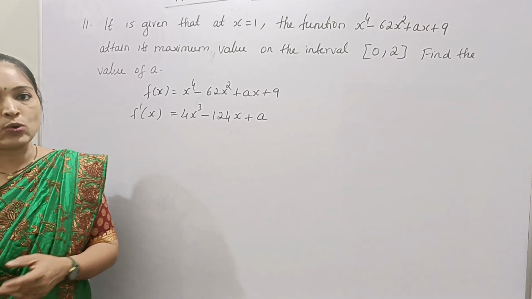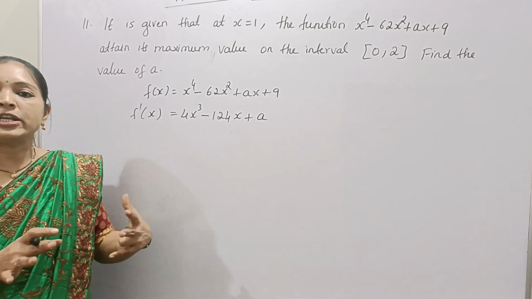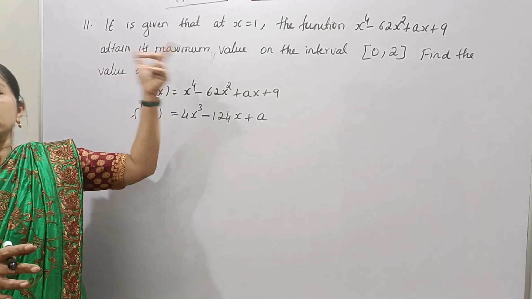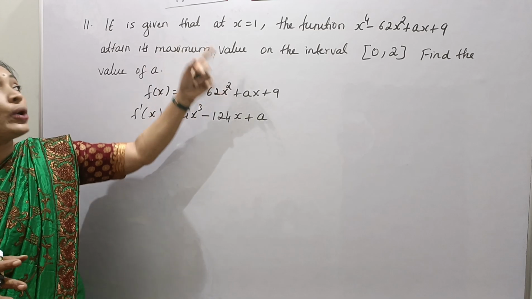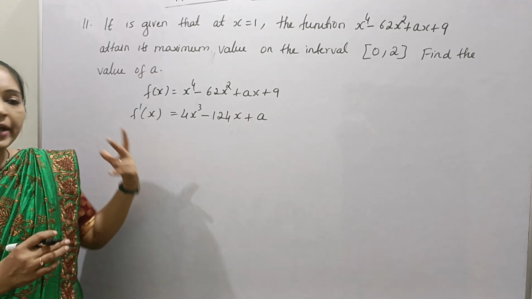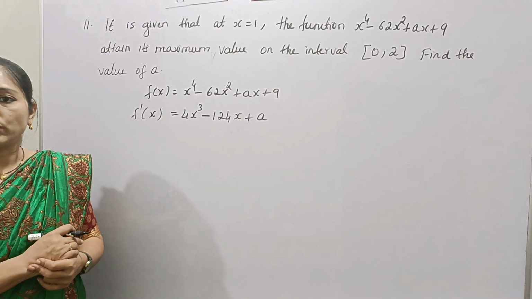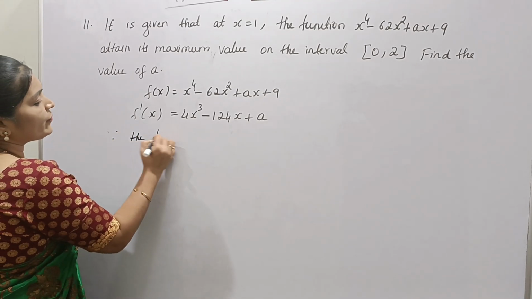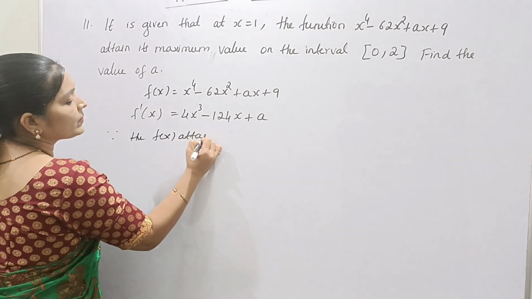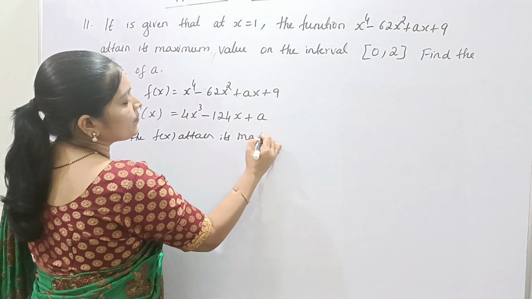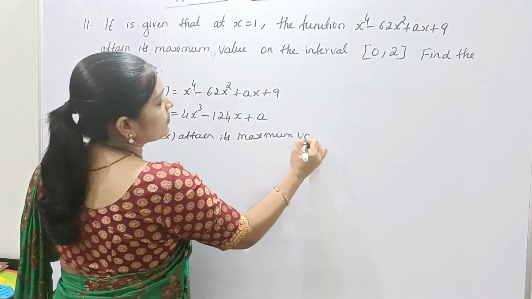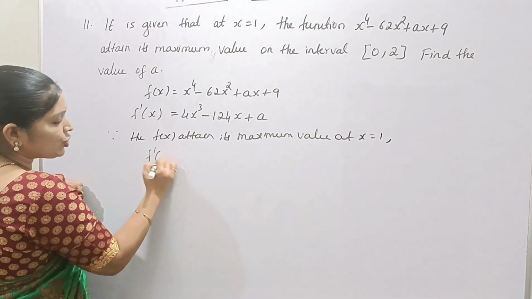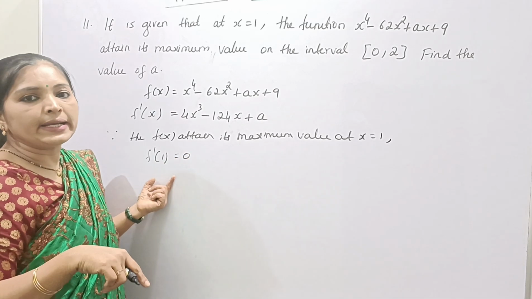Because the function attains maximum value at x is equal to 1, therefore f dash of 1 is equal to 0 by the second derivative test.